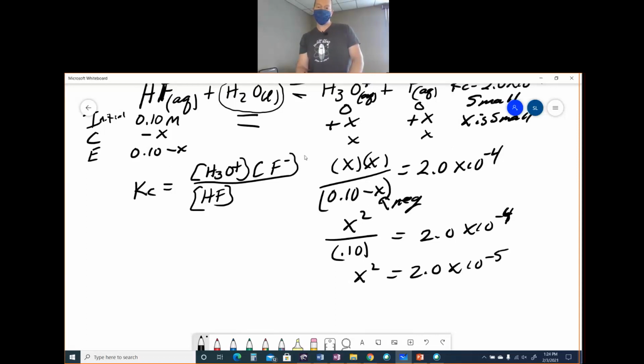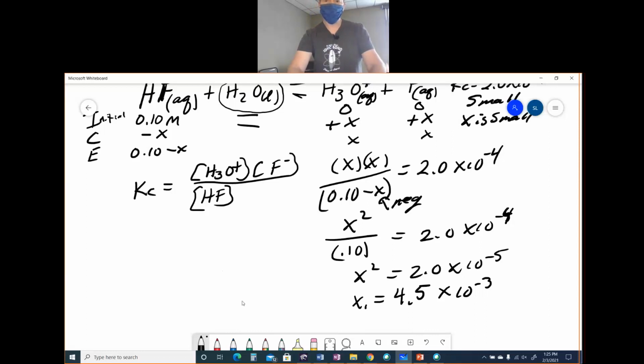And when I take the square root, I have my X1 value, and that is 4 point something times 10 to the minus 3. 4.5. So that is 4.5 times 10 to the minus 3.